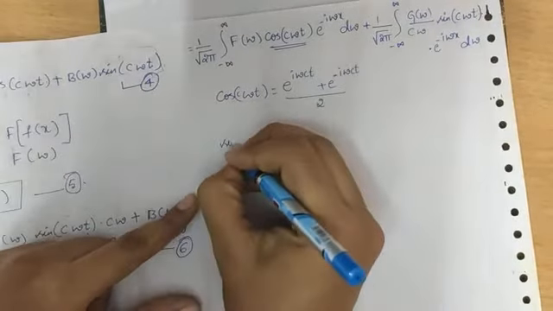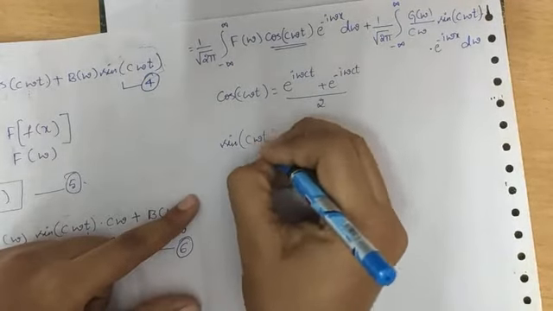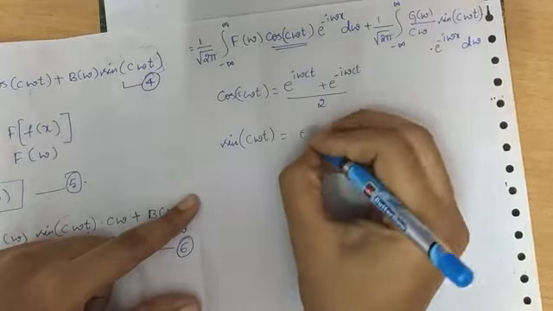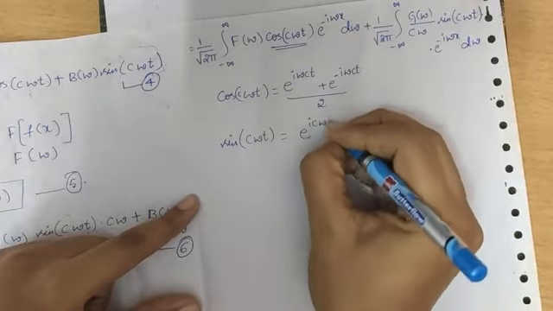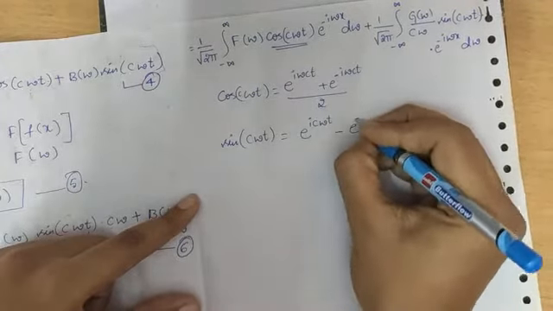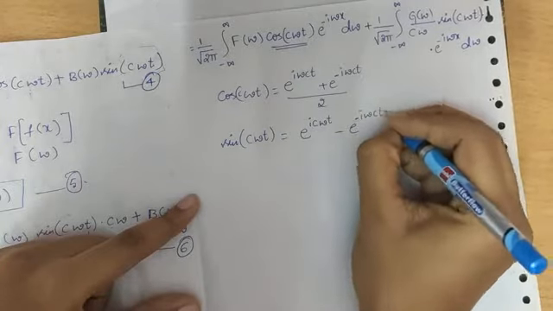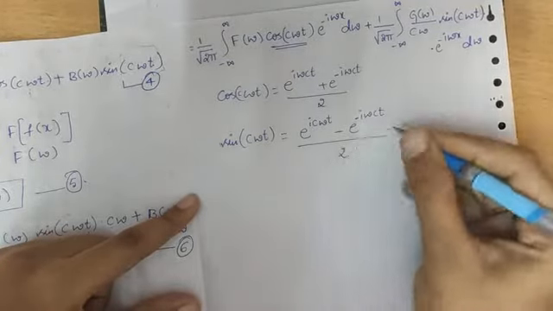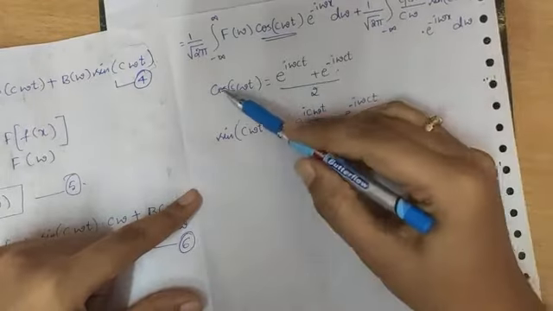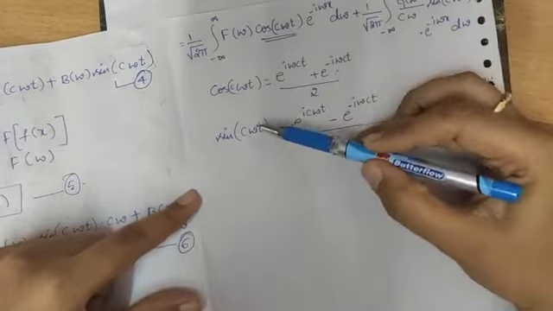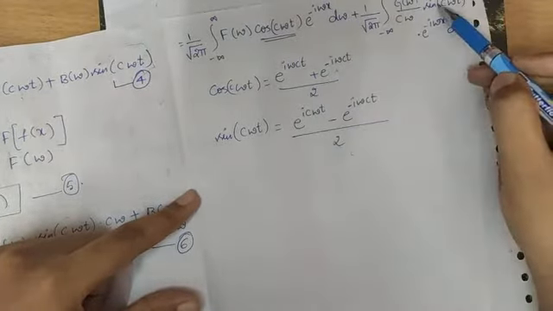Similarly, sine c omega t can be written as e power i c omega t minus e power minus i omega ct, divided by 2i. Substitute this cos c omega t value here and sin c omega t value here.